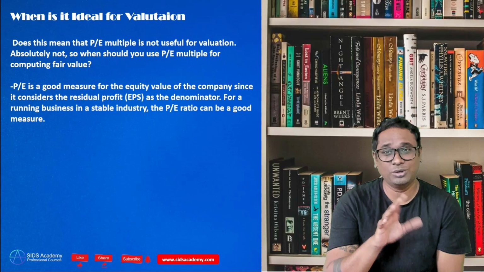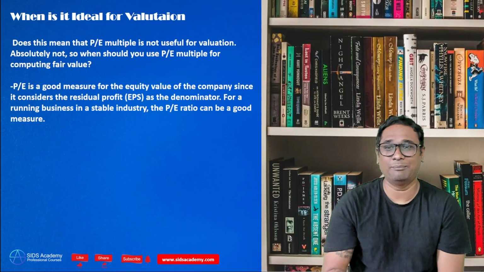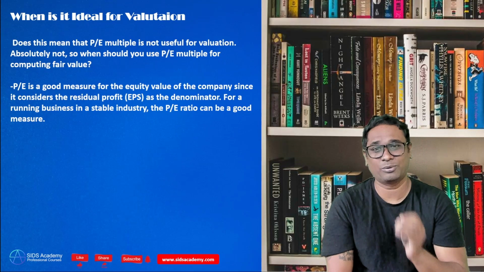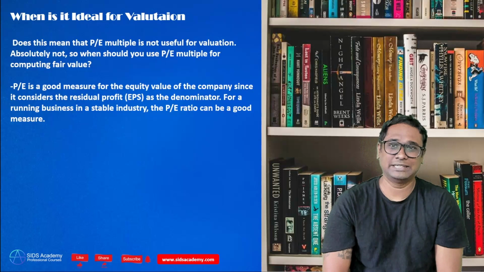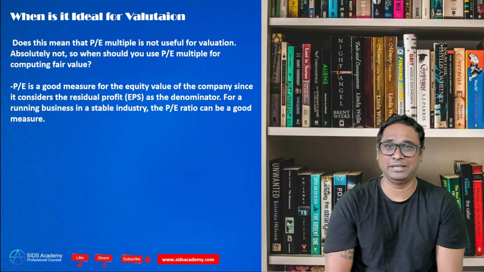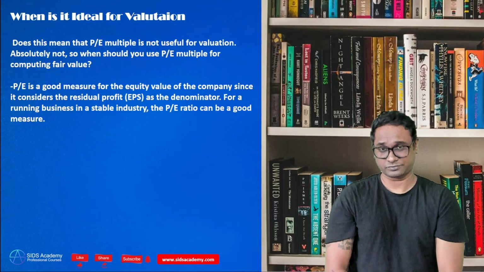P multiple is a good measure for equity value of the company since it considers the residual profit as the denominator. Now, for a business running in a stable industry, the PE ratio could be a good measure.